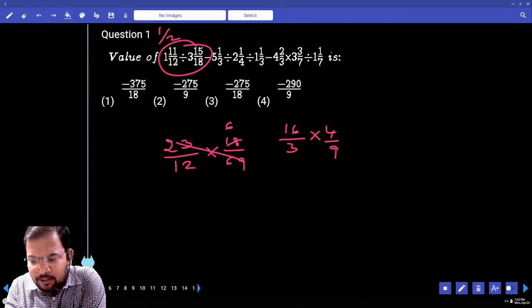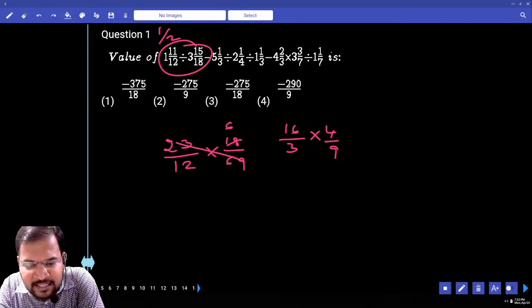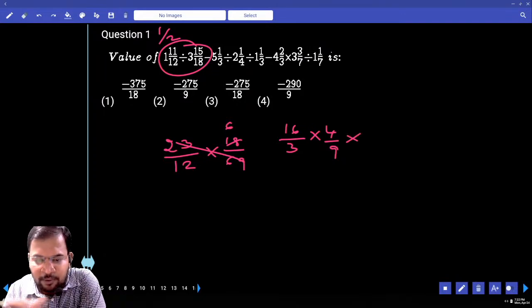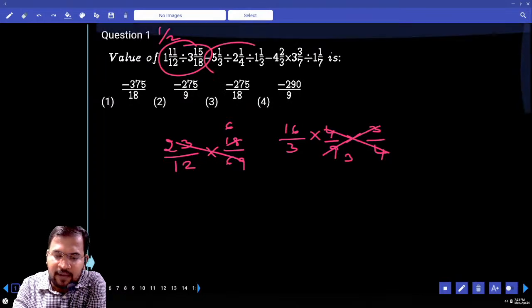This is what? 4 2s are 8, 8 plus 1, 9. 9 by 4 we can write as 4 by 9. Any cancellation? No. Into 1 1 by 3, 4 by 3. But you have to write it as 3 by 4. Now cancellation. 4 4s are, 3 3s are. So 16 by 9, this value is 16 by 9.